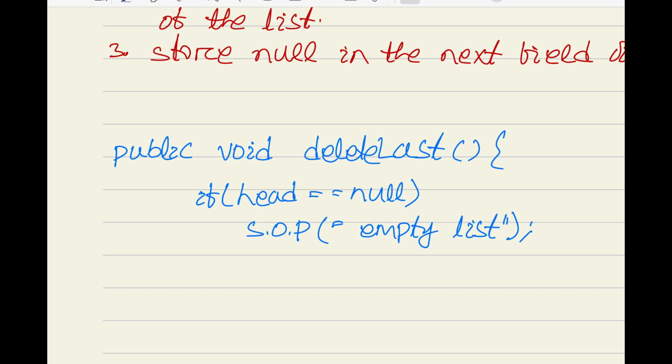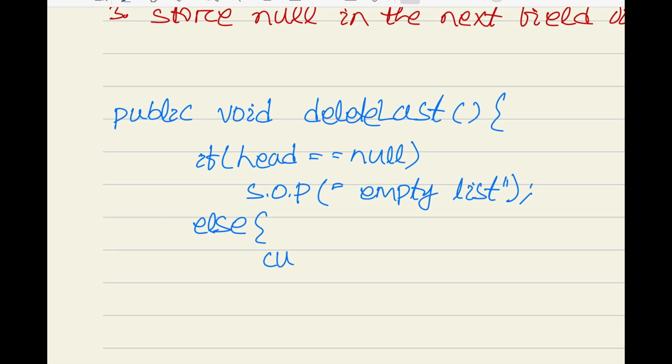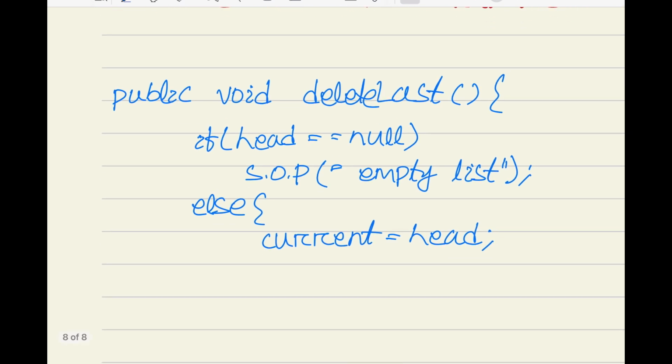Now, if the list is not empty, that means in the else part, we take one reference variable current, and initially it refers to head, the first node. While implementing, we write Node current, because in an algorithm we generally do not write the type of current.